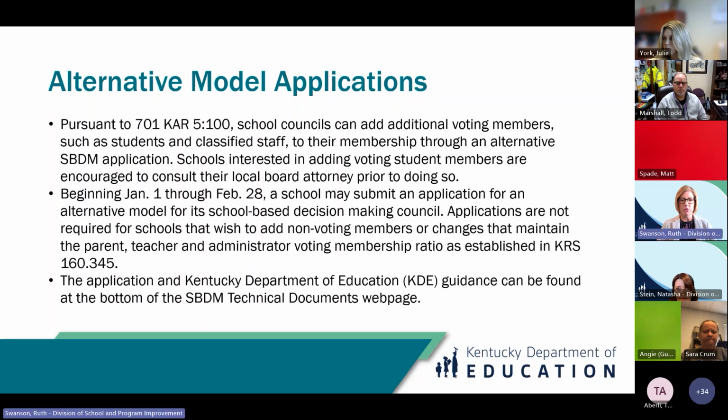The application for that alternative model, as well as guidance documents, can be found at the bottom of the SBDM Technical Documents webpage. And I believe Natasha is also going to place a link to that application in the chat box.